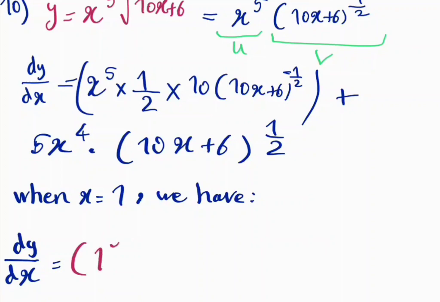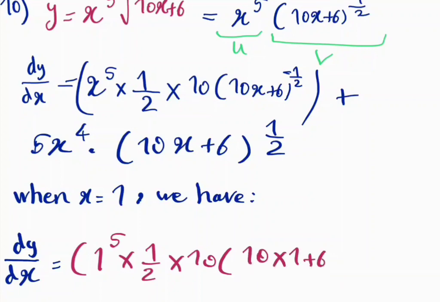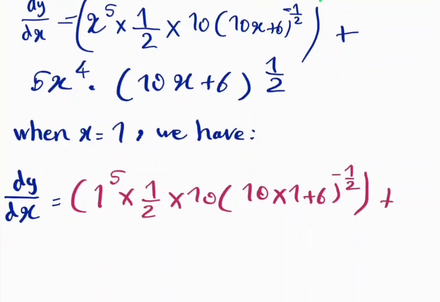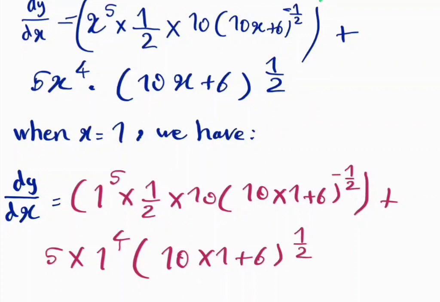So 1 to the power of 5 times a half times 10 times (10 times 1 plus 6) to the power of minus a half, plus 5 times 1 to the power of 4 times (10 times 1 plus 6) to the power of a half, and we should get 21.25 as the final answer.